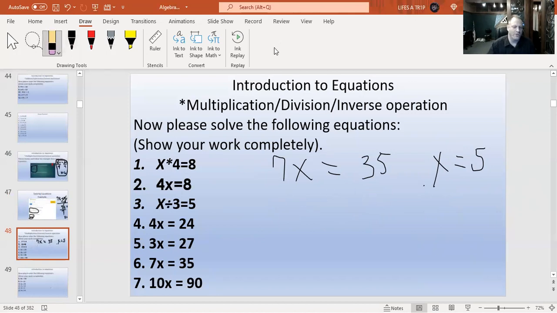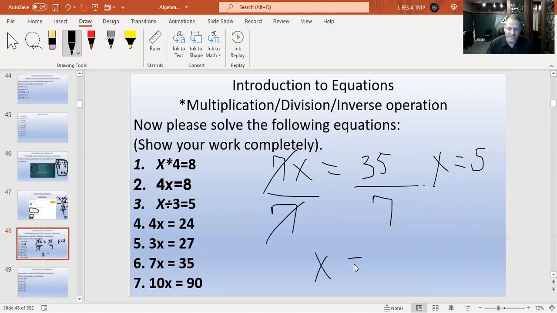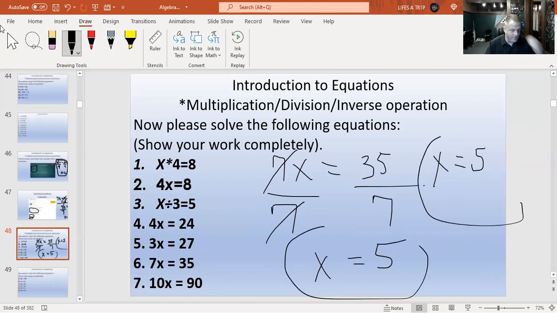I'm a big stickler on showing our work. So let's go ahead and show that by putting a 7 here. We got that 7 from here. 7, carry it over here. What you do to one side, you do to the other. Cancellation method by inverse operations. And a 5. Does that match? Yes, that matches.